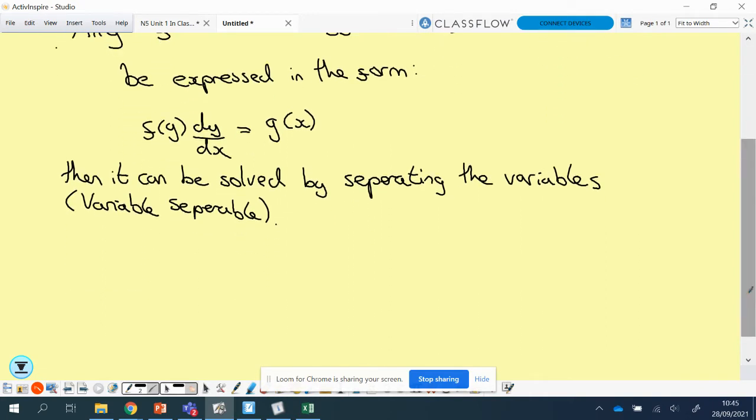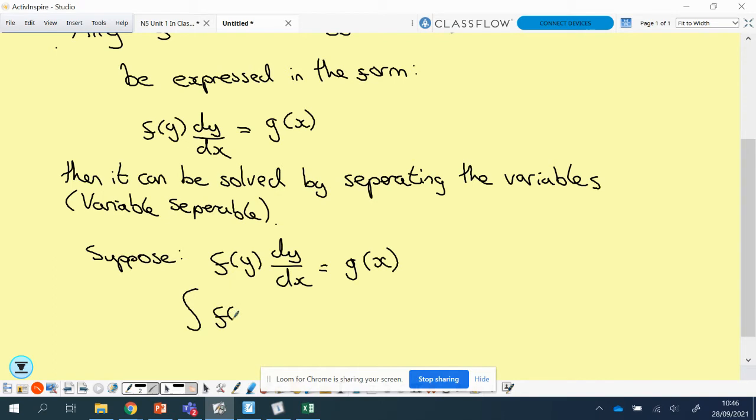So let's go through what we've got here. Let's go back to the function that I've got. Suppose I've got f of y dy by dx equals some function g of x. Then what we want to do is integrate both sides. If I put an integral over that side, I'm integrating with respect to x, so I'm going to have to put a dx there as well.